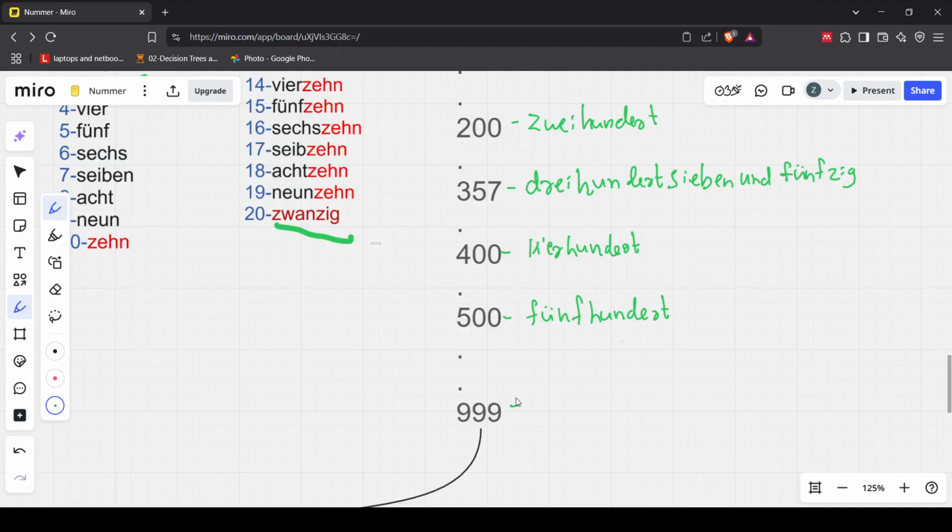And I'll give you a few seconds before writing this number. You can make a guess what it will be. Okay, it is 900, and then 999. Yeah, and that's the last three-digit number.